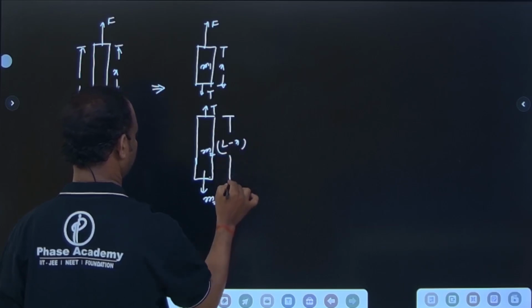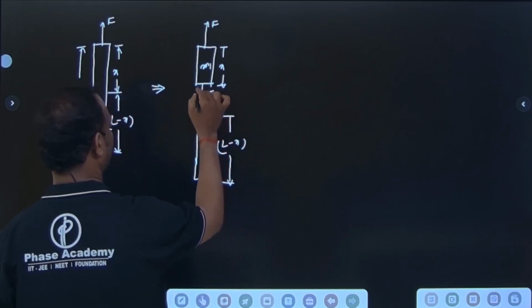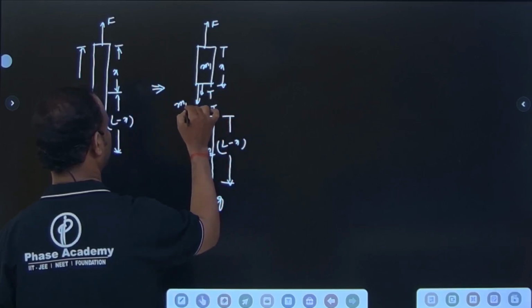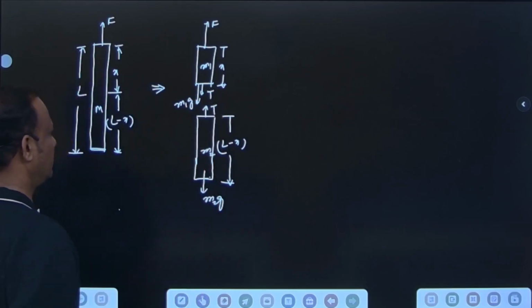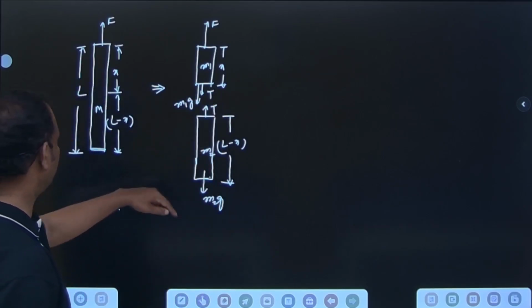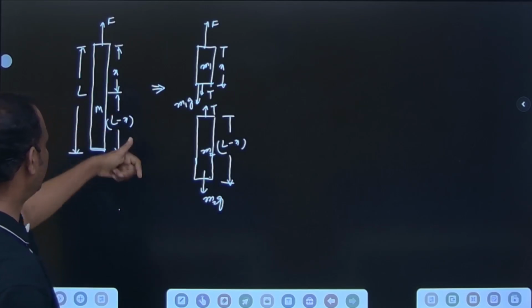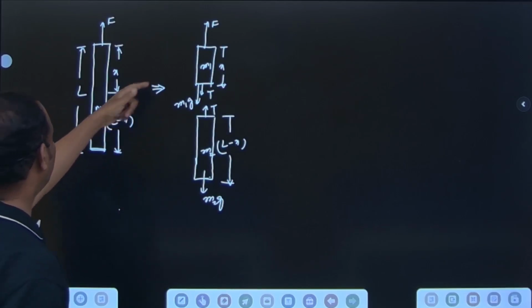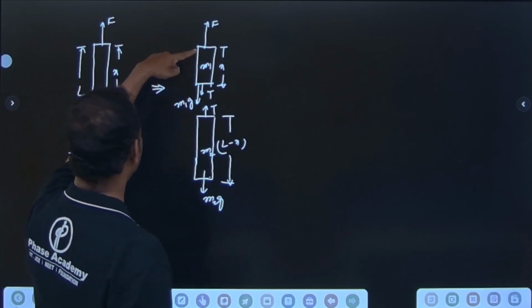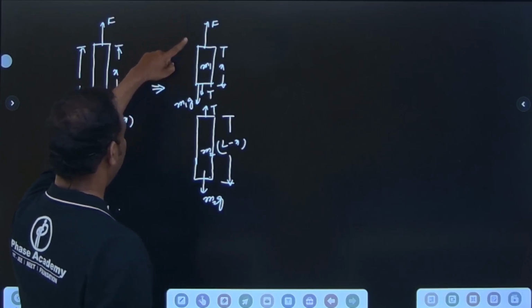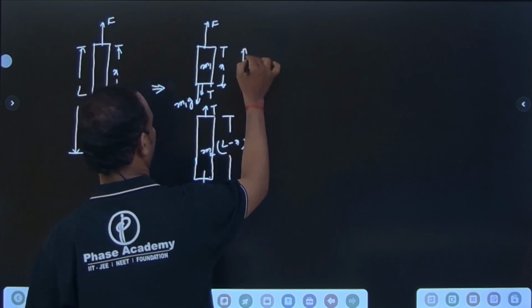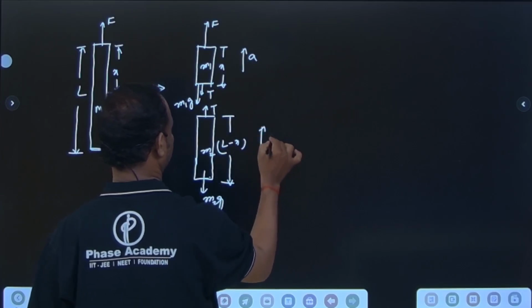What other force is acting on M1? Its weight M1G. M2G is on the lower part, tension is upward, and here the applied force is capital F. The acceleration is in the upward direction, and the same acceleration is considered.